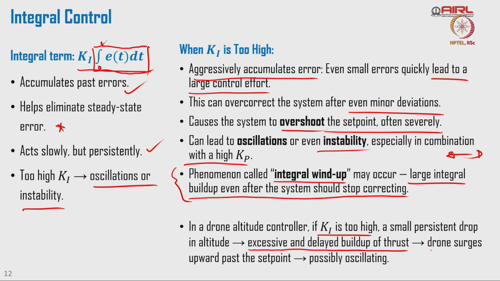So, the drone surges upward past the set point. That means it will have some overshoot, and there is a possibility that the response will be oscillatory in nature. We will see that in the results of one example in a later slide.